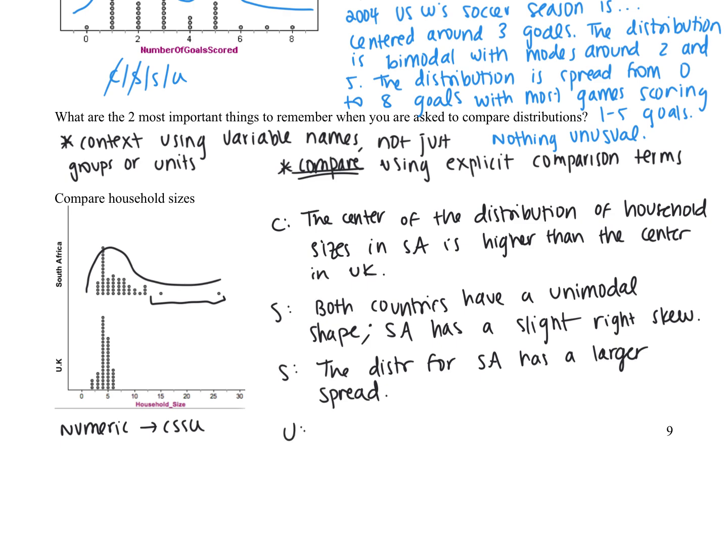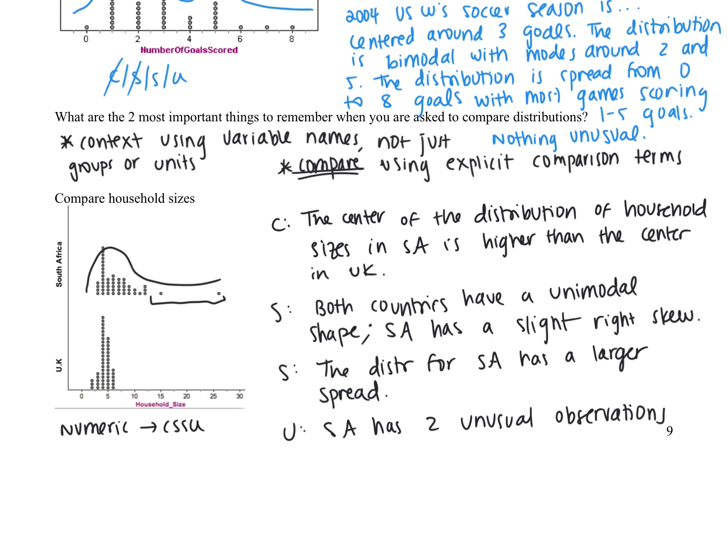And then unusual. UK has nothing unusual. We're going to say South Africa has 2 unusual observations. Observations is just the nice word for points. So 2 unusual points. Anytime points are unusual, you have to tell me why.